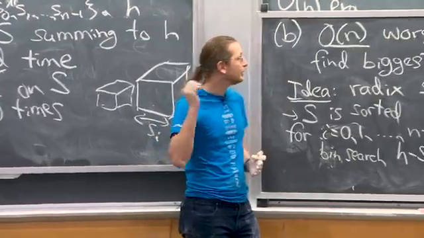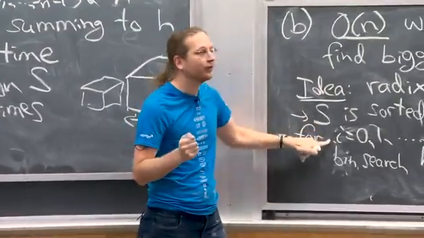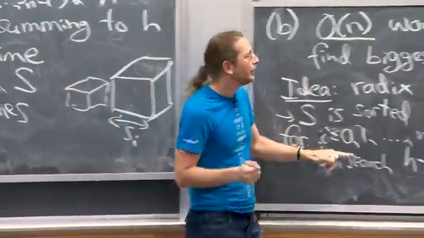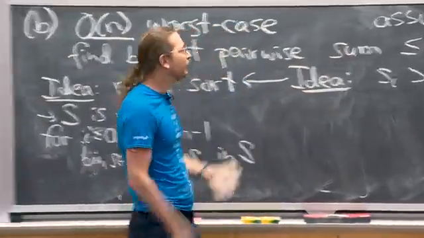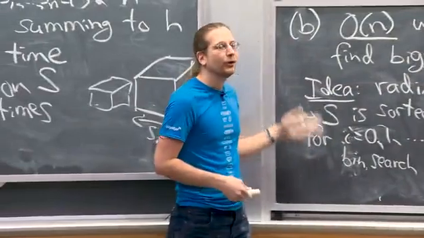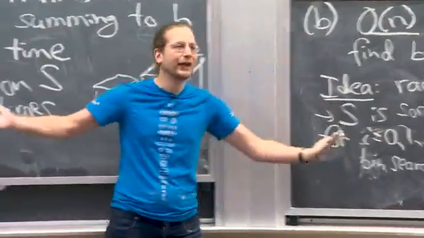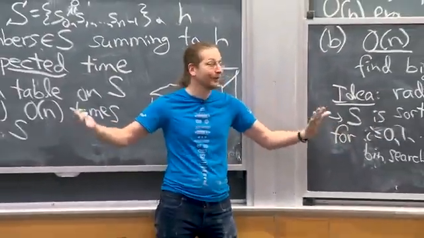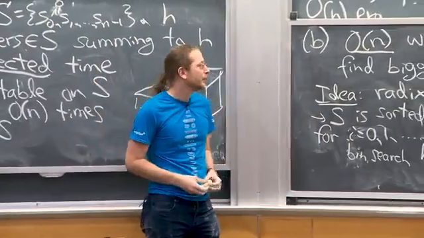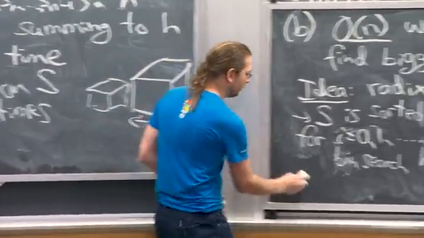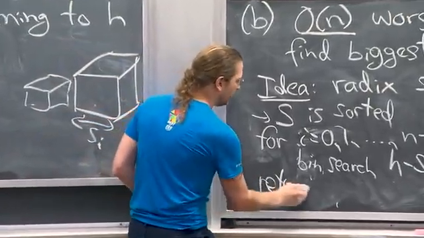And that will be the largest sum I can get using Si. And so then that's one candidate for a sum less or equal to H. I want to find the largest one, so I do a for loop. I always keep track of a list of all the candidates I got. Each time I do an iteration of this loop, I get one candidate. Then I take the largest one. Okay, so return largest candidate.